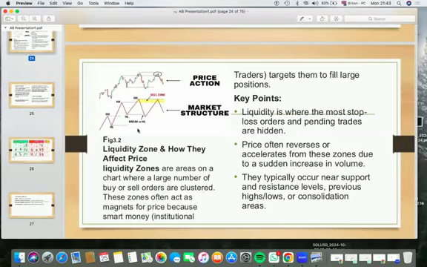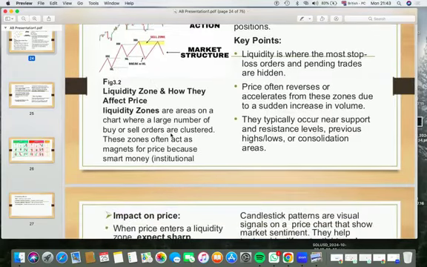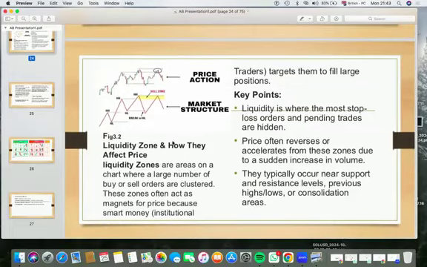So the buyers and the sellers are indecisive in the market, which in this case is not the type of market you want to trade. You want to trade when the market is either in an uptrend or a downtrend. So you don't want to trade when the market is stagnant.